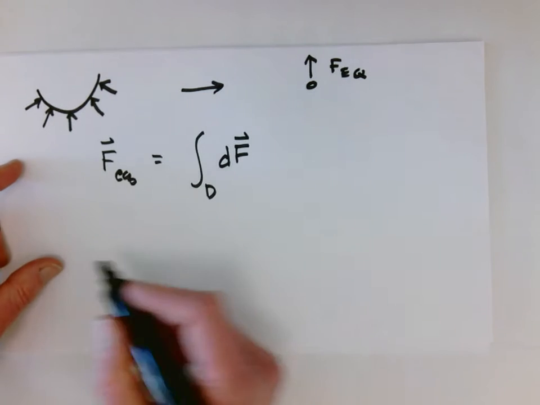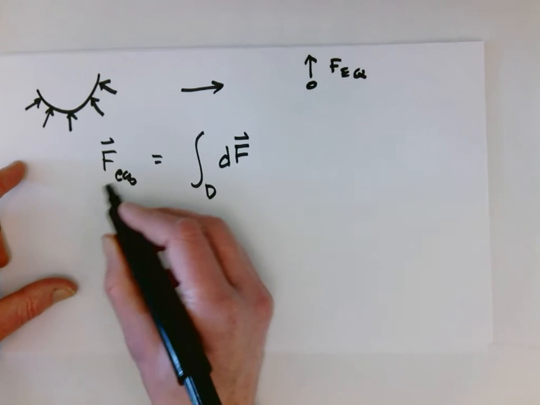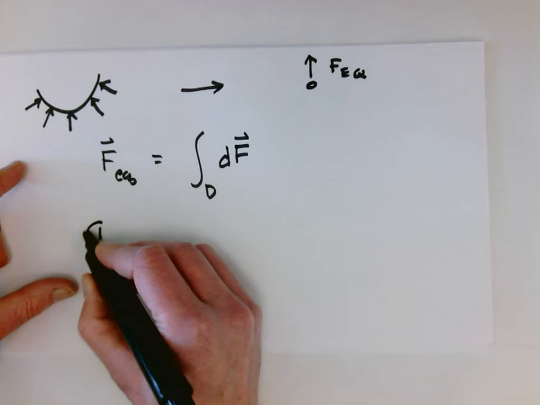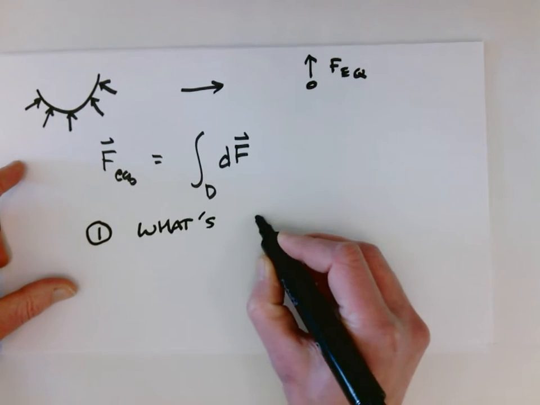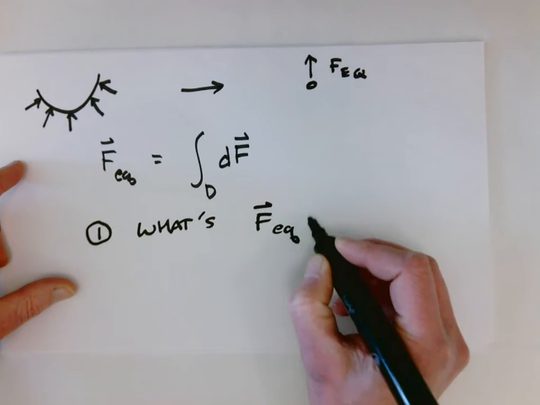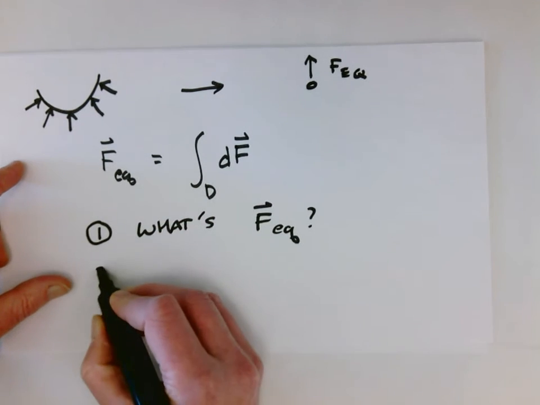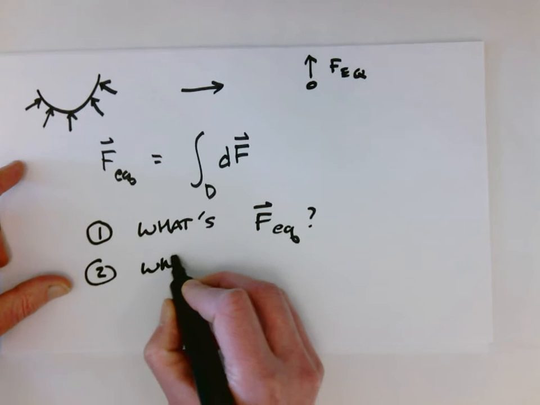But if you think about it, that's only half of the question. Because when you ask the question, what's the equivalent force, there are actually two questions that you have to answer. One is, what's the vector? But then the second question is, where's the vector?